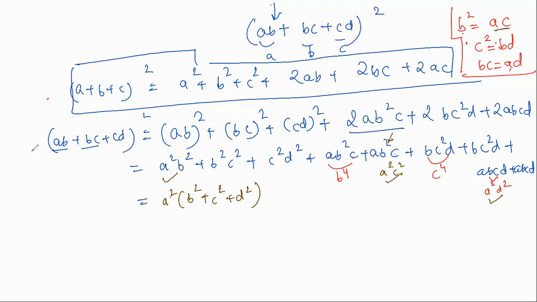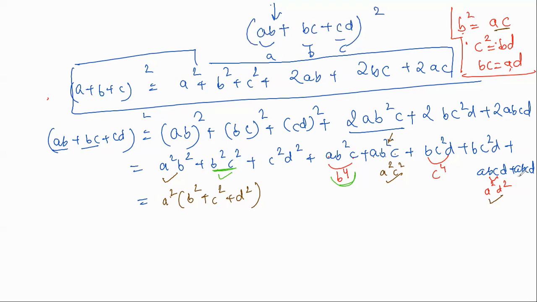Now I will take those terms which have B square. Let me change the color. This term has B square. I will take B square from here. And I want a B square term in which I need D square also, right? D square I also want. So let's do some changes.